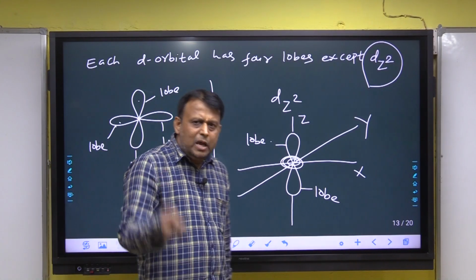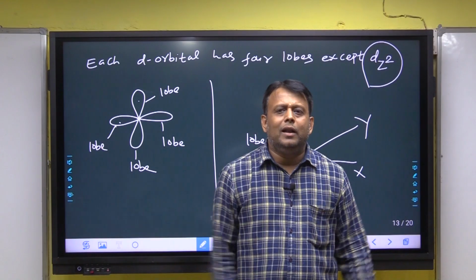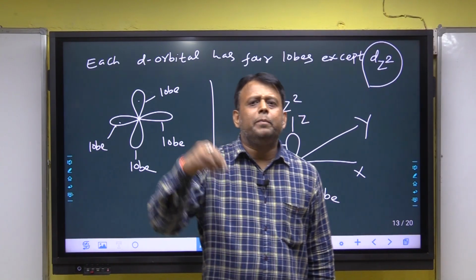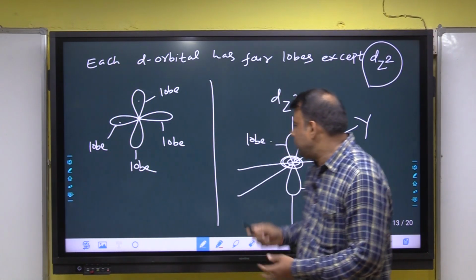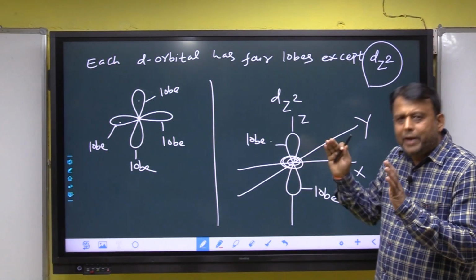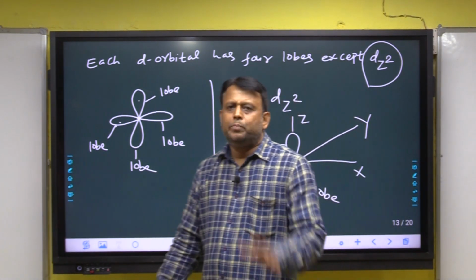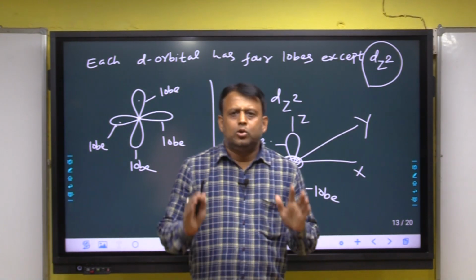Hence, if a question asks which d orbital has a diagram completely different from the others, it is dz square, because the other d orbitals have 4 lobes and dz square has only 2 lobes.